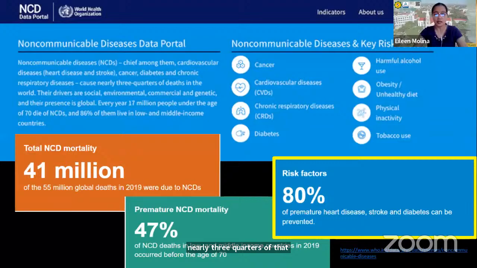That is equivalent to NCDs killing 41 million people each year, 74% of all deaths globally.